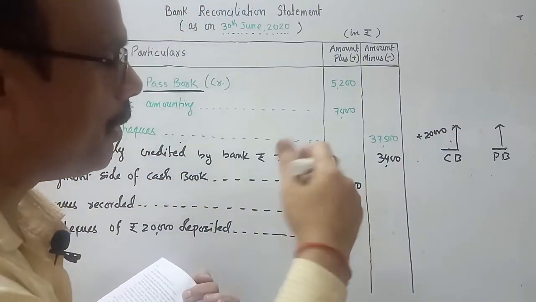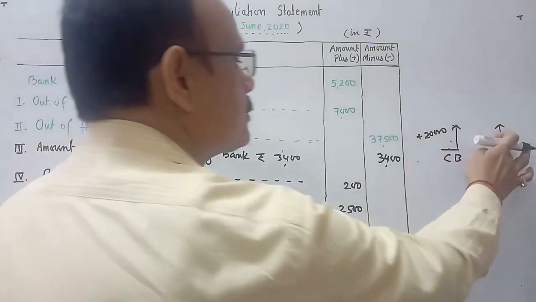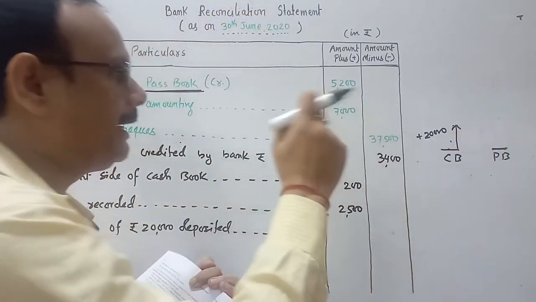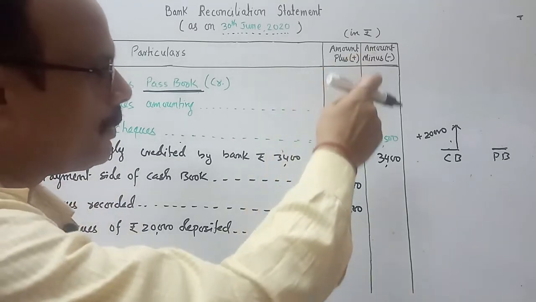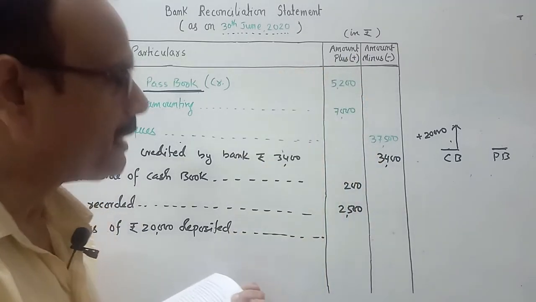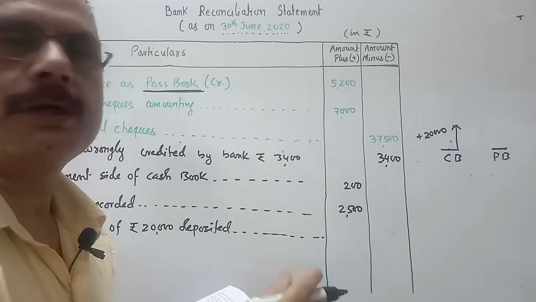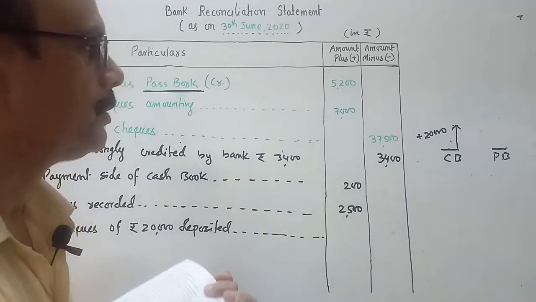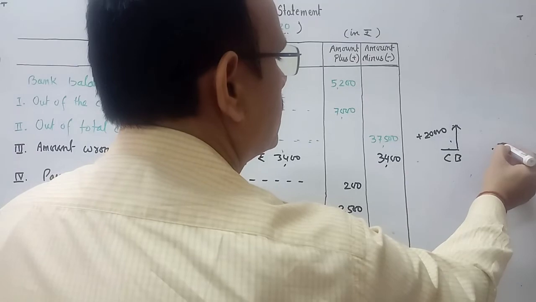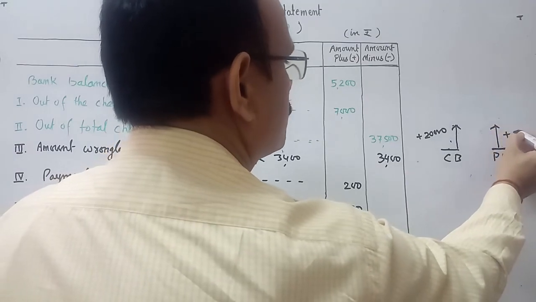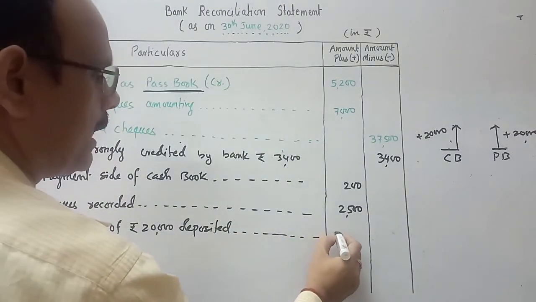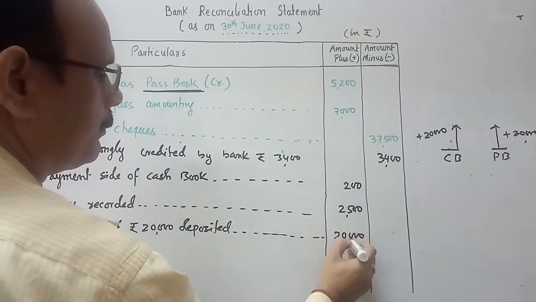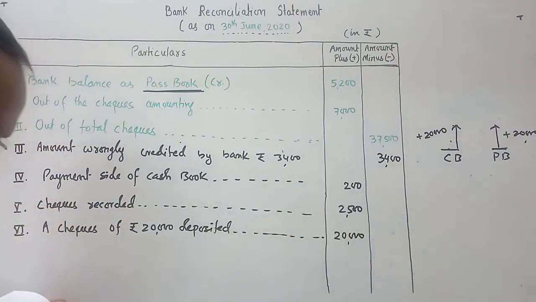But that check is dishonored by the bank, so the passbook balance is not increased, and the intimation of dishonor is not given to us, so it is not reduced in the cash book. So the cash book is increased by 20,000, whereas the passbook is as before. So we will add 20,000 in the passbook so that this will be equal to the cash book balance. We will write it in the plus column.